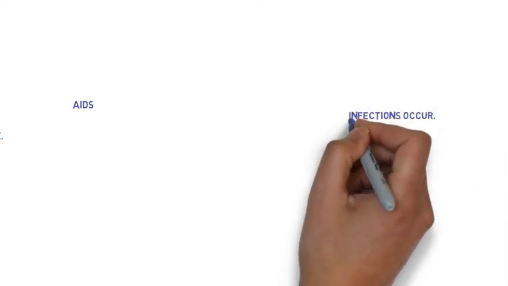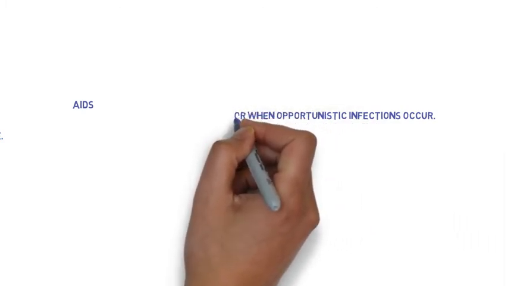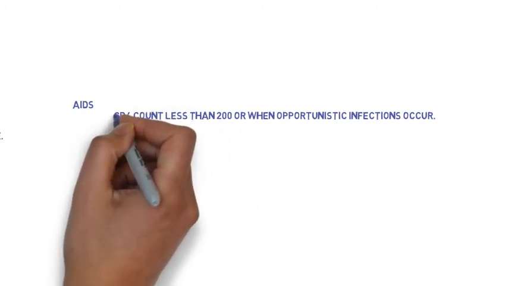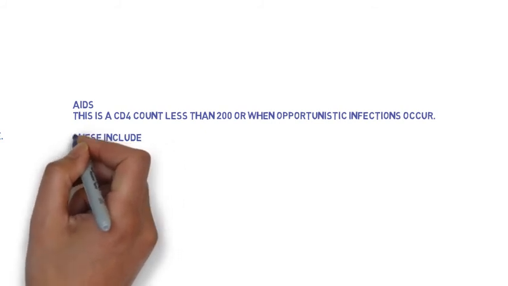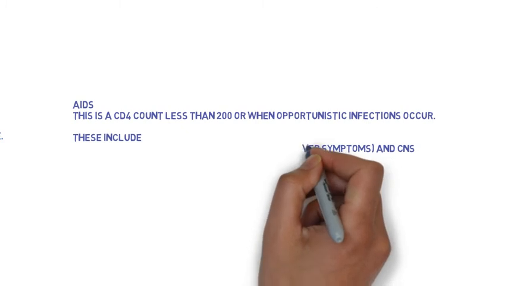What is AIDS? Often people get mixed up between HIV and AIDS, and AIDS refers to a condition when the CD4 count is below 200 and or opportunistic infections occur.